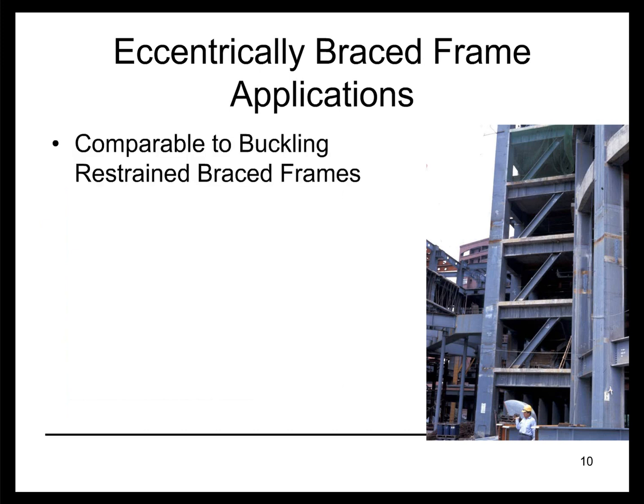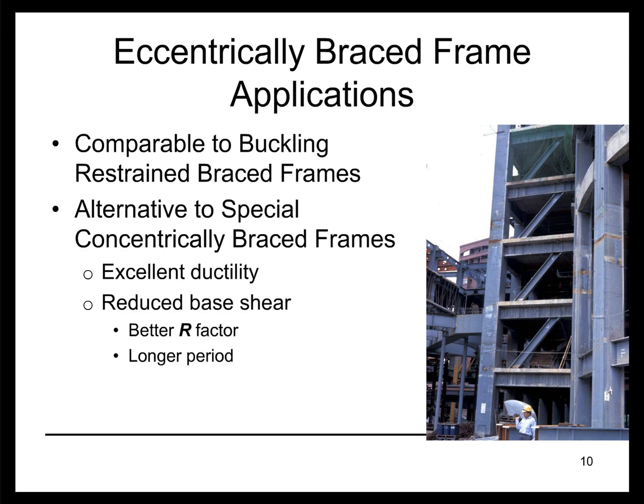So, eccentrically braced frames are in many ways comparable to buckling restrained braced frames. They have similar design values, the R factor, for example, similar lateral stiffness and the like. They're a good thing to consider as an alternative to special concentrically braced frames, especially in some of the cases where the special concentrically braced frame ends up being kind of expensive because of some of the design requirements.